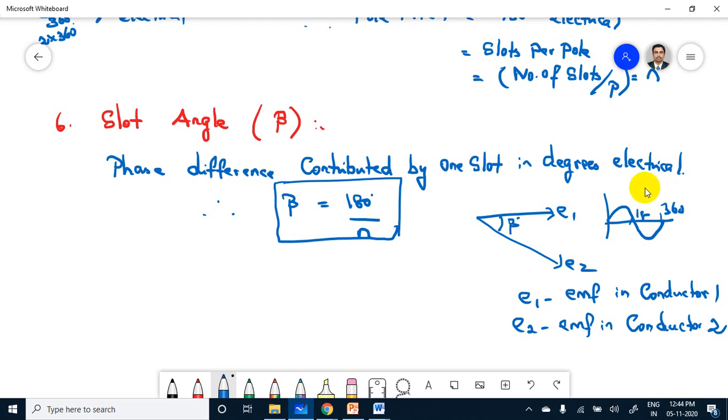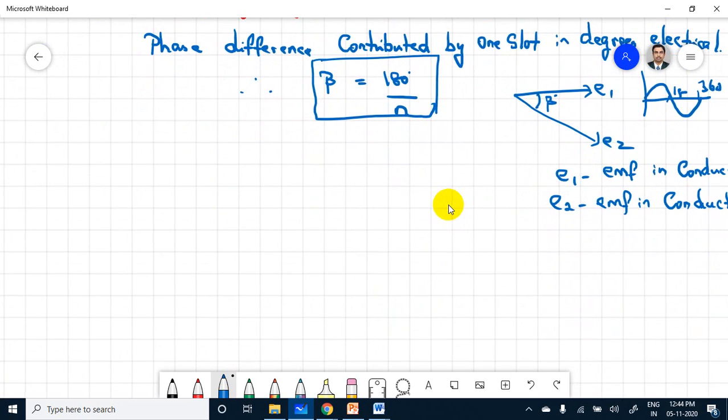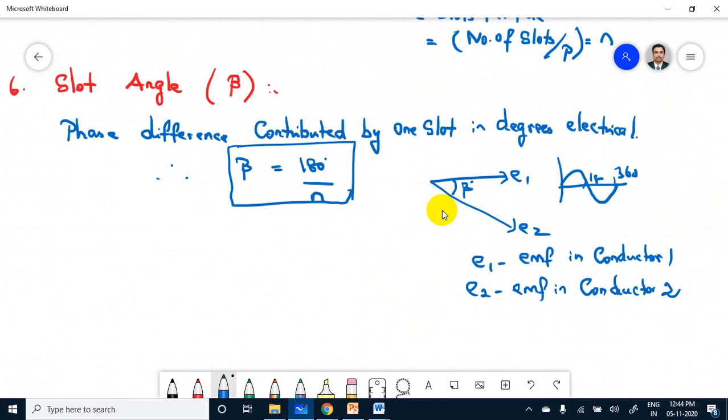Next title, types of armature winding. The armature winding is a sinusoidal winding, right? And in armature windings only, these are the parameters. Now I am going to explain the types of armature winding.